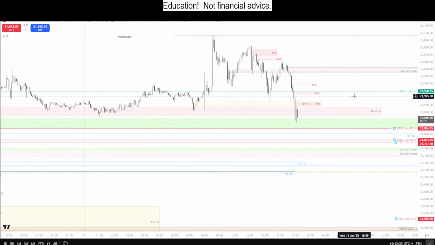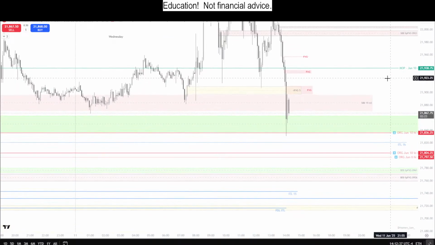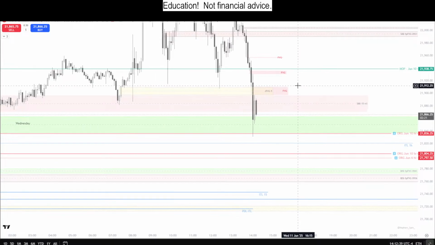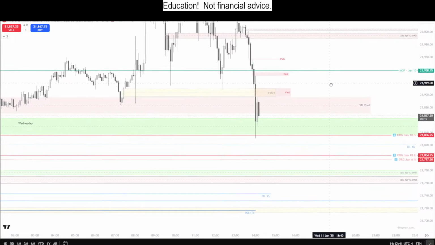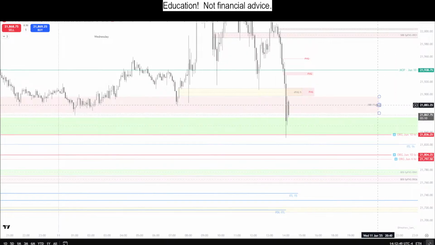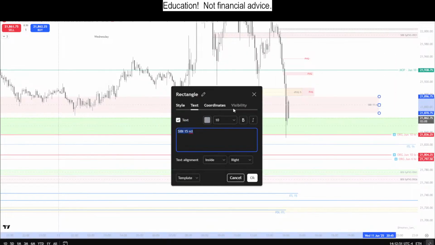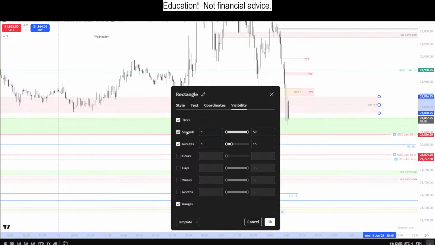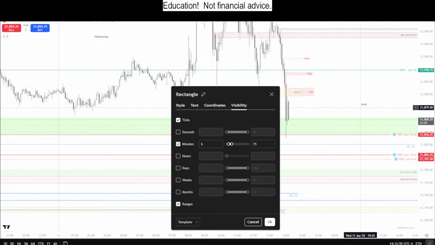And we come back up, and so far we're respecting it in the sense that we're falling short of it, but we haven't wicked into it and then come back off. So we'll see. This is also a 15-minute SIBI reclaimed, but we're on the 5-minute, so I'm not going to keep that over here on everything right now. Let's just get rid of anything that's clutter.